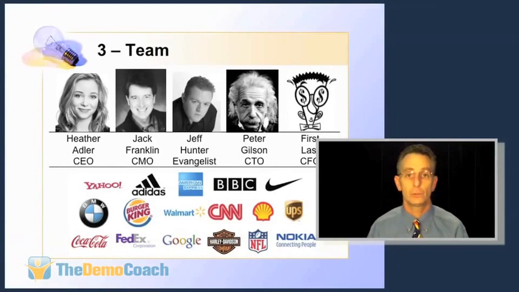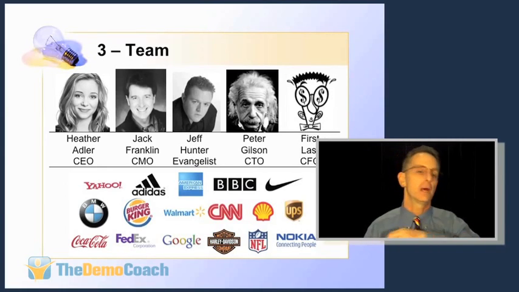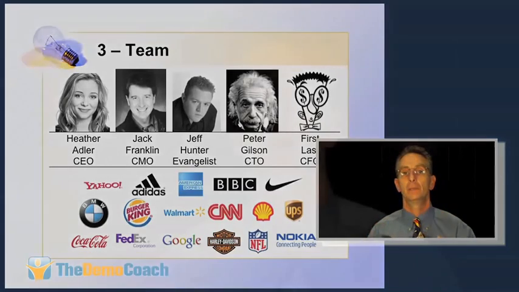Now, my favorite way to do a team slide is like you see here right now. Pictures of each of the people on the team, and I mean team, not management team, not executive team, the team. Because when you're an early stage startup, you may not have a management team. You may not have an executive team. Well, don't worry about it. But you do have a team, and it's at least you, plus whoever else, and your advisors.